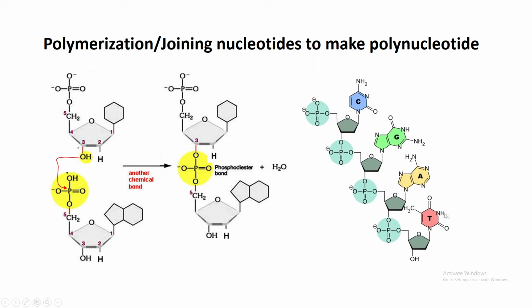This is a nucleotide here, and this one is another nucleotide, and this is another nucleotide, and these are bonded in the 5 to 3, 5 to 3, 5 to 3 direction, and when they are bonded through polymerization, they form a backbone of DNA.